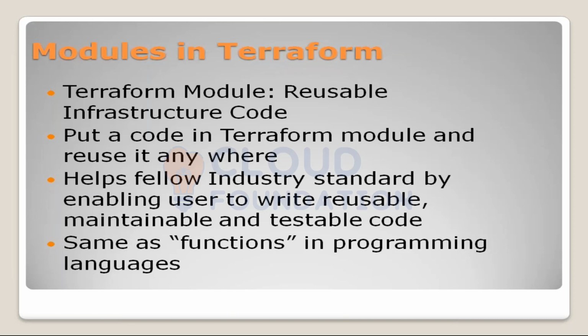I'll write a generic configuration for an EC2 instance or an S3 bucket, and then let's say I have 10 applications for which people would be writing Terraform separately. From within those 10 applications, they can just refer to the generic EC2 configuration or S3 configuration, and their entity will be provisioned. They don't need to write the configuration 10 times. So we put the code in a Terraform module, and wherever needed we can reuse it.